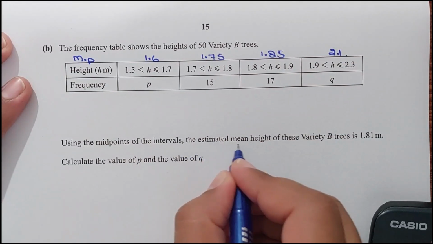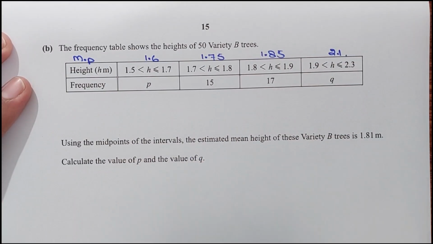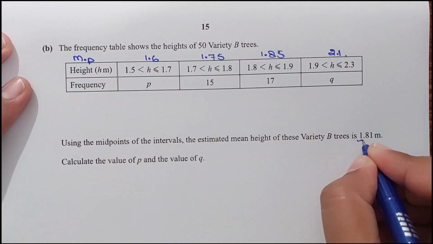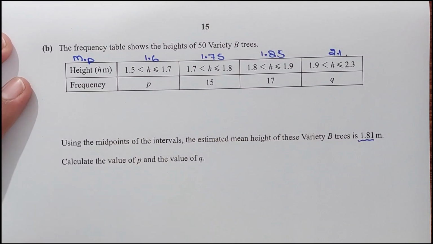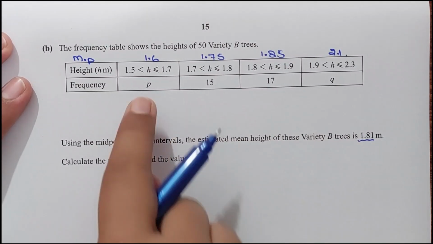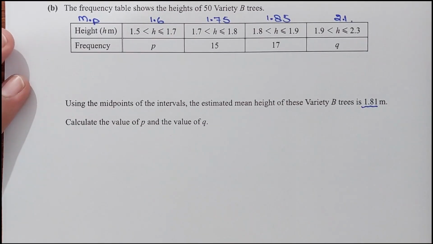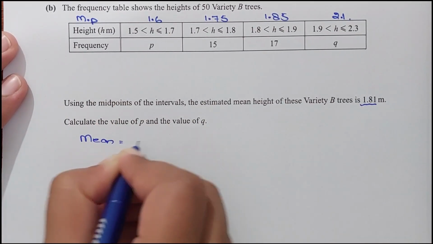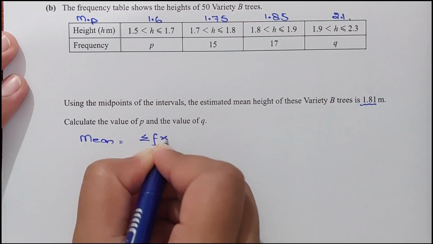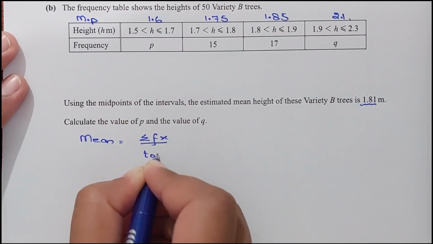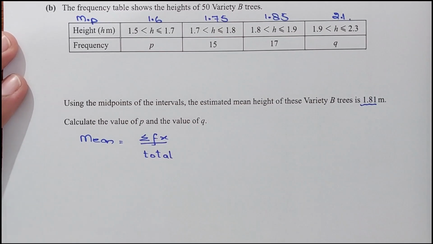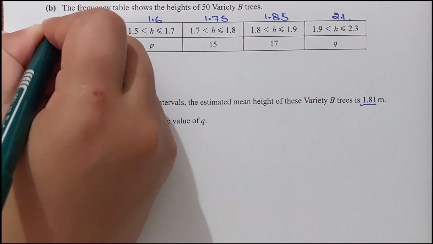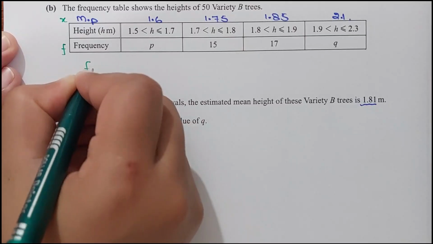Okay, the estimated mean height of these variety trees is 1.81 meters. Calculate the value of P and the value of Q. This is P, this is Q. We have given the mean. So the formula for mean is sum of fx divided by the total. What is f, what is x? F is the frequency, this is x. Let me do the product of fx.